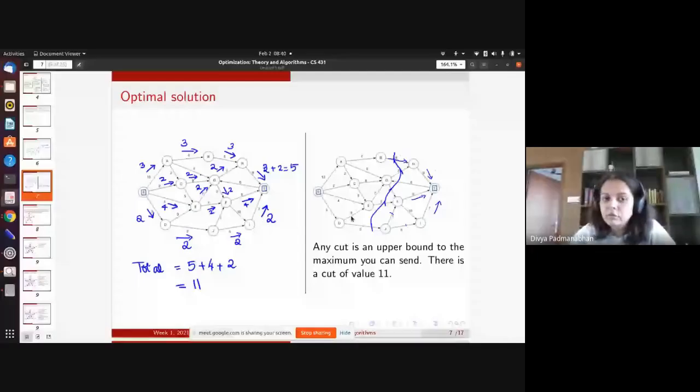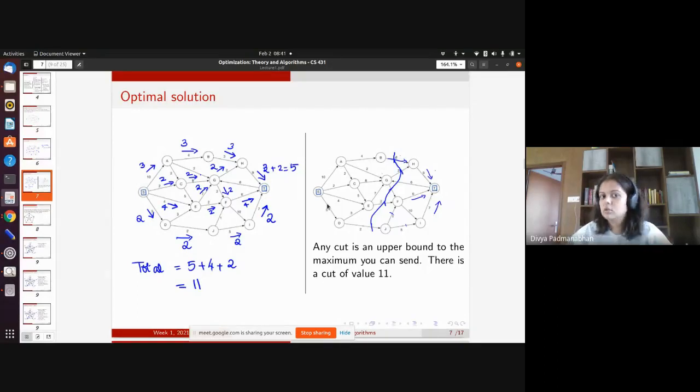Because whatever flows from S to T, for any cut you make, it cannot increase beyond the value of any cut. So the idea is what is the lowest possible value of the cut, because every flow value you send will be less than the value of every cut.